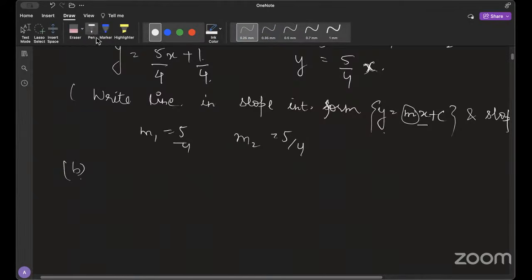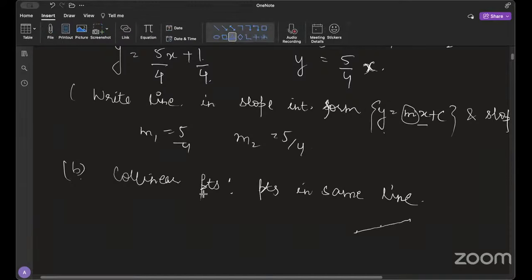First, what are collinear points? Collinear points are the points that lie on the same line. That means they should be in the same line. One line should pass through these 3 points.